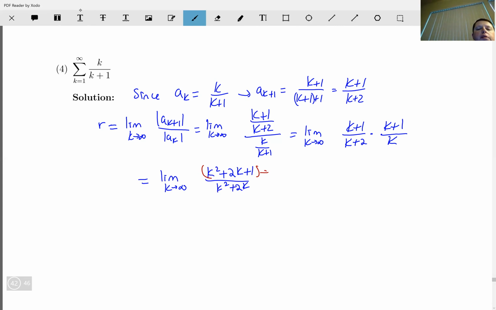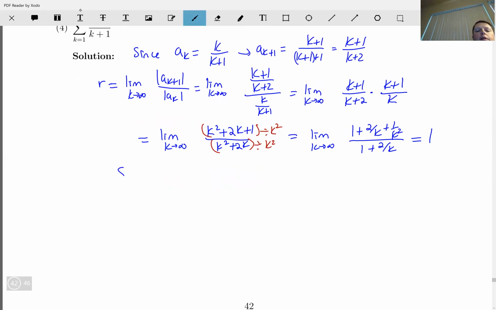Again, if you're bored, divide through numerator and denominator by k squared. So we have the limit as k goes to infinity of 1 plus 2 over k plus 1 over k squared, divided by 1 plus 2 over k, which is 1. So here's the thing. Since r is equal to 1, the ratio test is inconclusive.